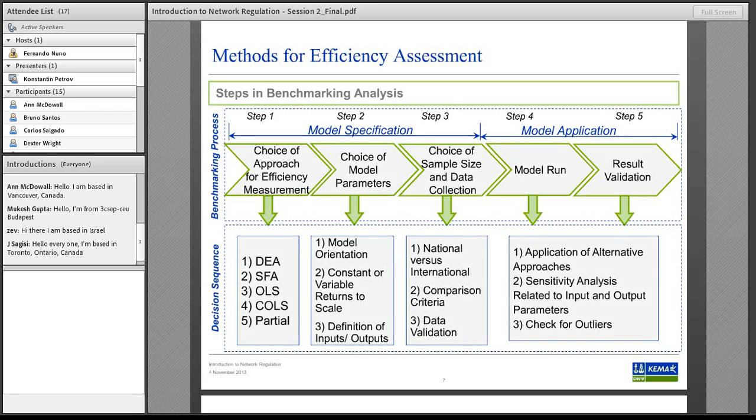We have to use comparison criteria when using international data. That's also part of the exercise to select, and data validation is obviously an intuitive step here. We have to look at whether the data which have been submitted is okay, meaning that we don't have obvious mistakes or inconsistencies.